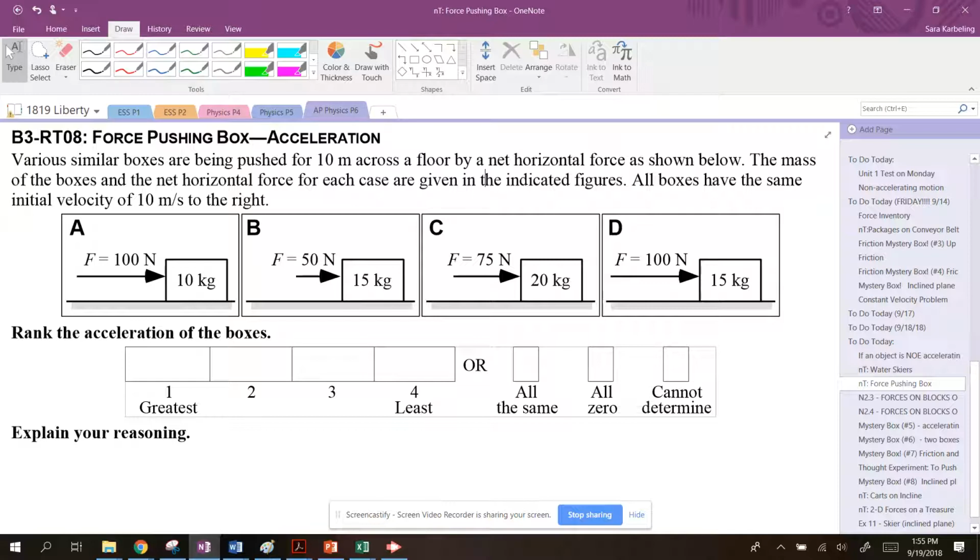You take the AP test. Oh, because they didn't count.